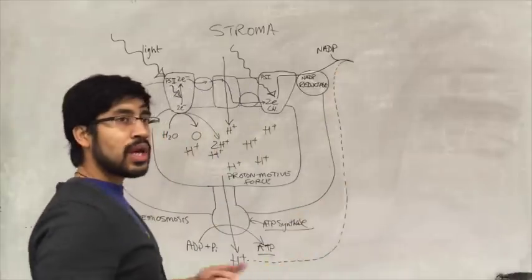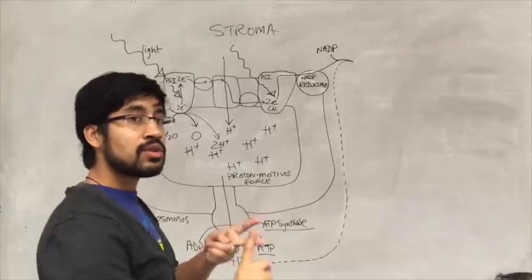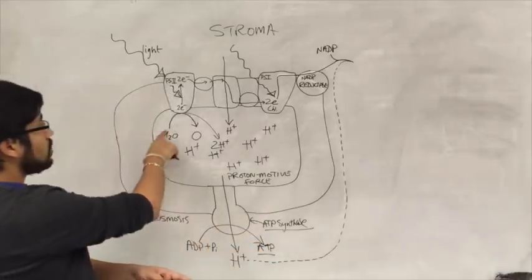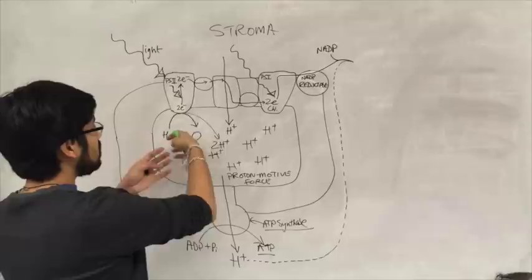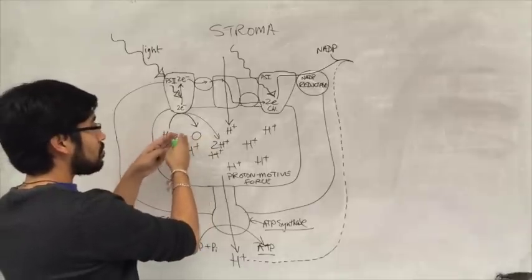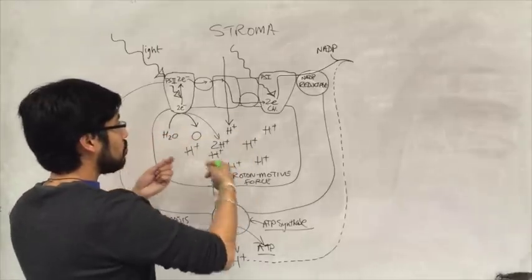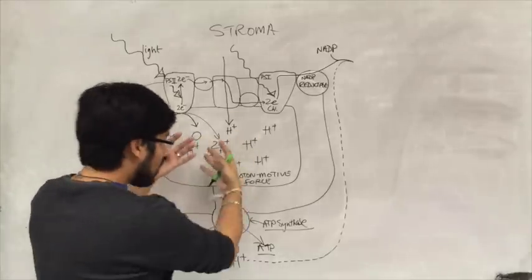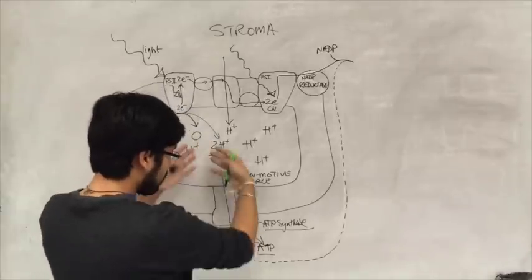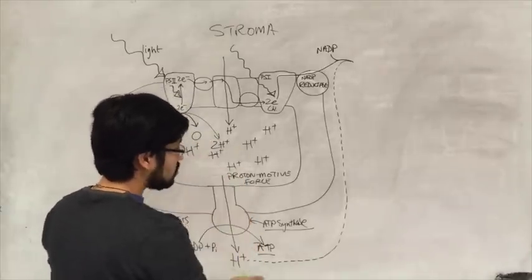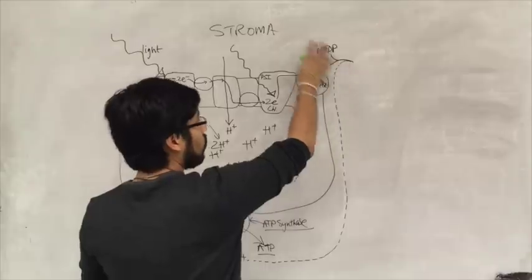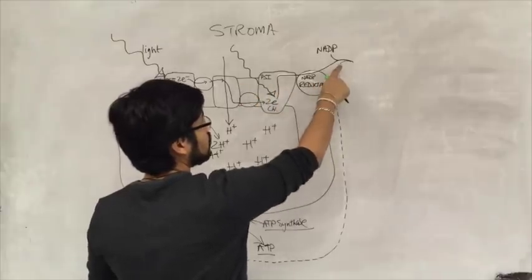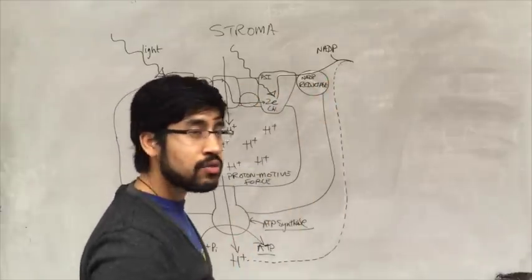Okay, so what do we get when we combine protons and electrons? What did we get when we split the hydrogen atoms? When we split them, we got electrons and protons. So if we recombine some of these protons that have diffused out with electrons from the photosystem, we're going to get hydrogen again.